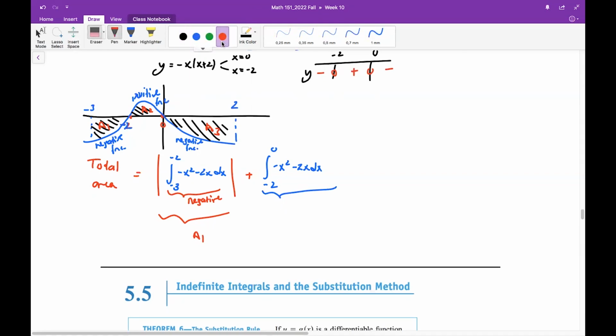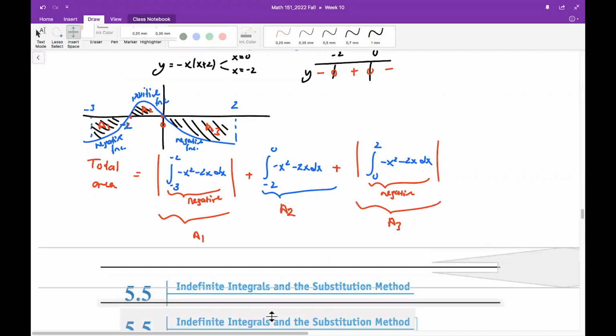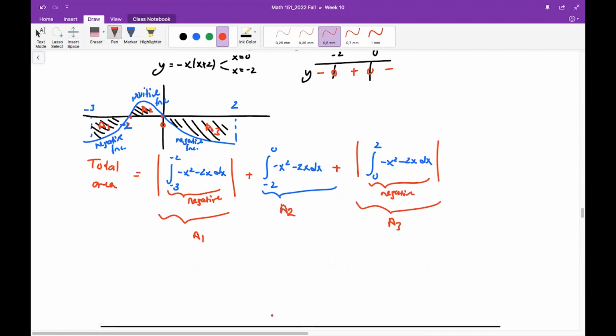The integral and A2 are the same thing. But over 0 to 2, the definite integral of your function is again negative, because your function is negative there. That's why the result of the integral is negative. So you need to put an absolute value sign to represent A3, which is the area and is supposed to be a positive quantity. Now we can do all the computations.